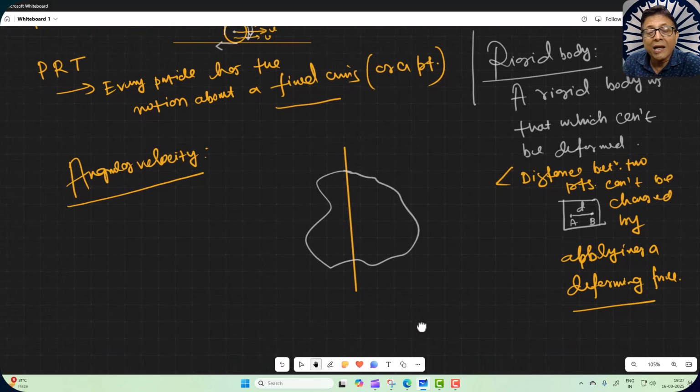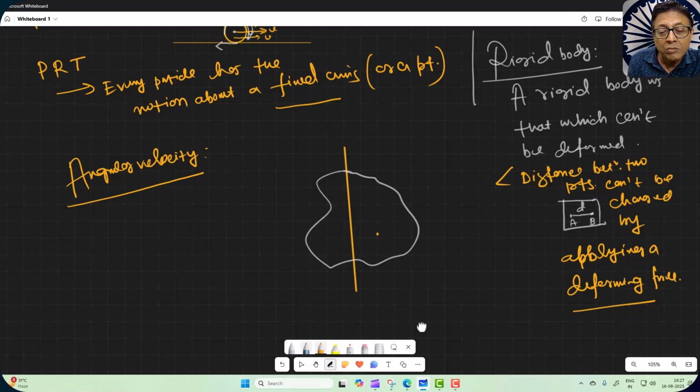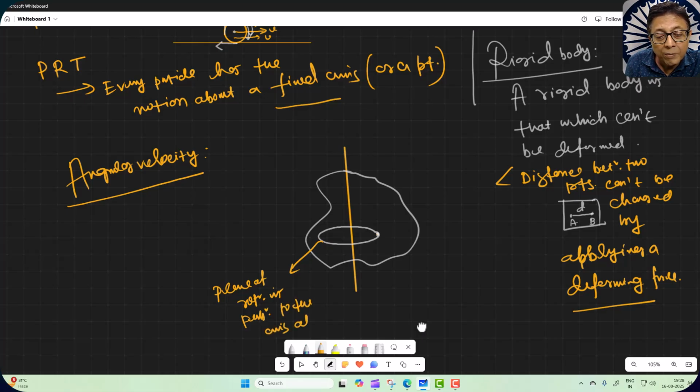This rigid body, angular velocity, how do you define it? You take two particles here, or one particle only, this particle. You know, it will describe a circular path whose plane of rotation, this is the plane of rotation, is perpendicular to the axis of rotation.